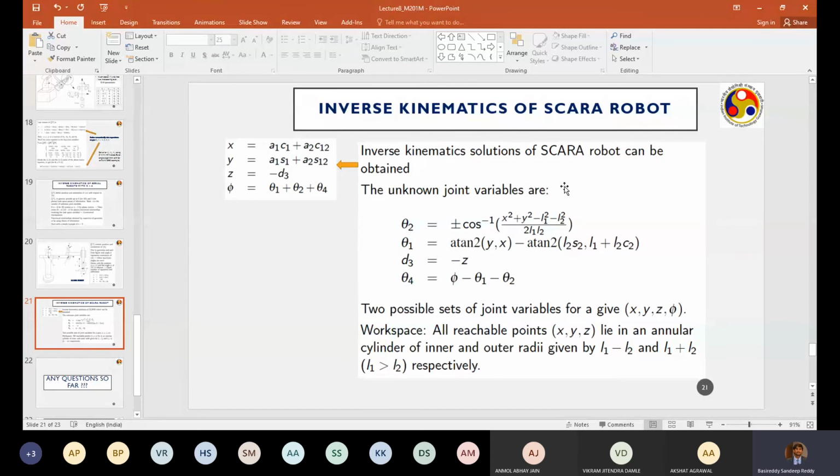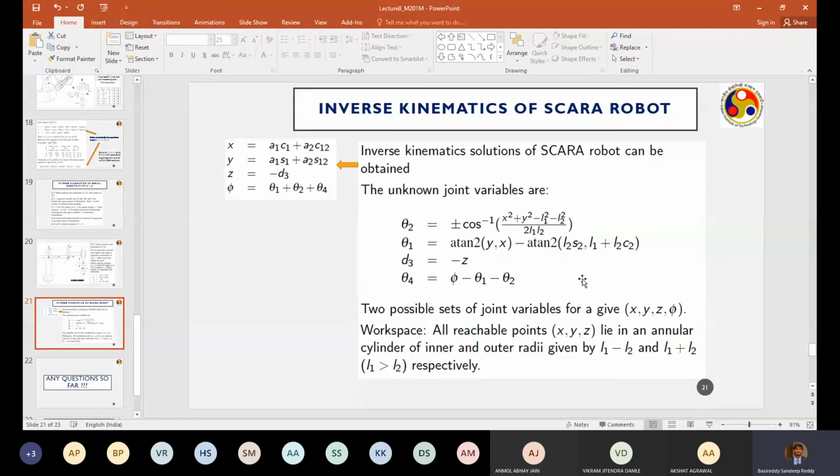If you remember, in the SCARA robot, even d3 was varying, right? The unknown joint variables you can calculate as shown over here. When you solve them, you will get these kinds of expressions. And ultimately, you will get two possible sets of joint variables for a given x, y, z, and phi.